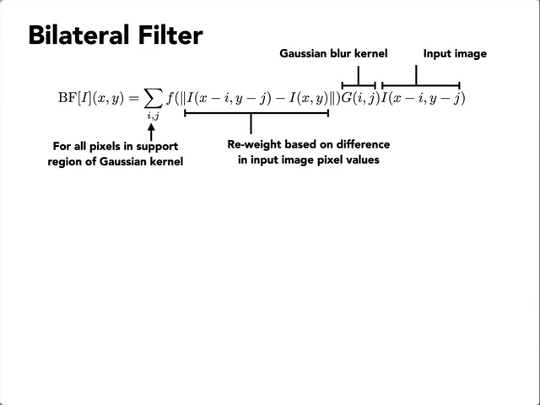But if the intensity difference was large and we used a Gaussian for F as well, then it would be small. So if the intensity values are very different, F would be crushed down.